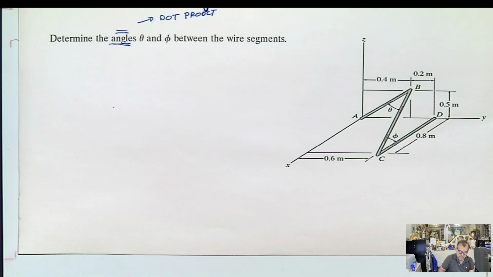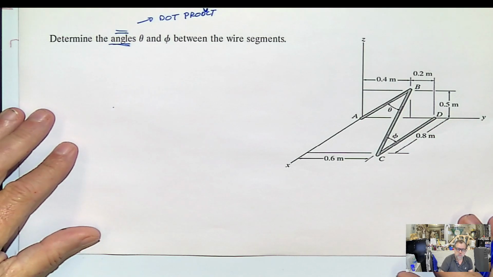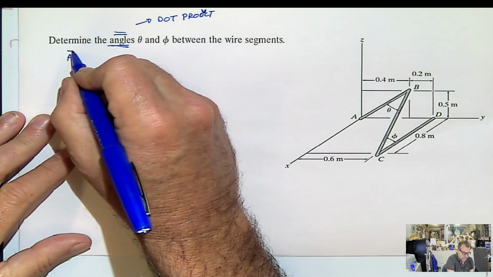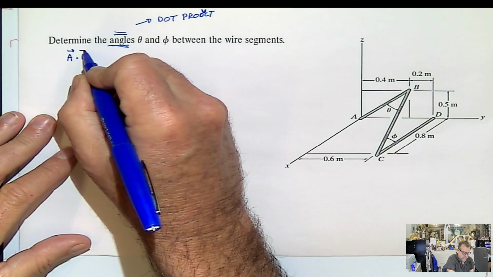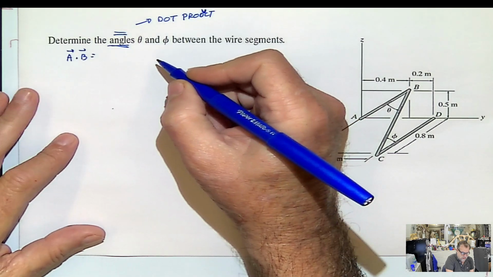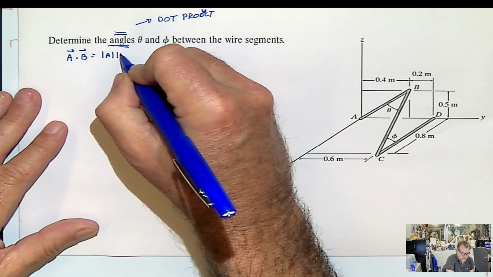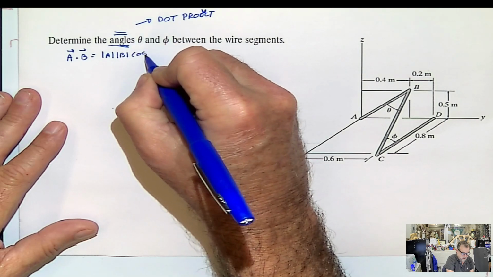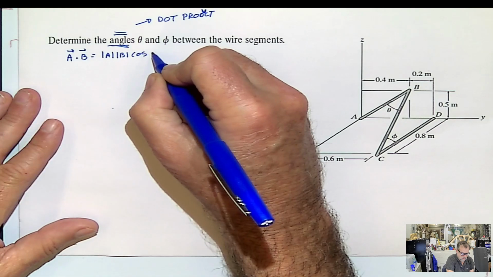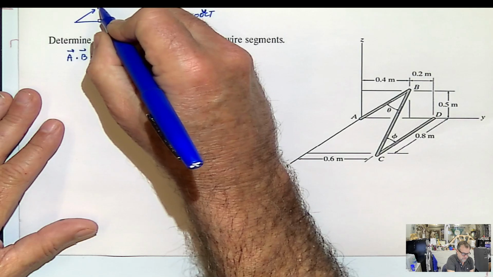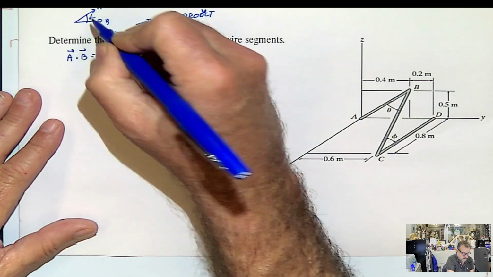I imagine that you already went through the definition of dot product, but there are two definitions. If you say vector A dot product vector B, this is the scalar approach: magnitude of A, magnitude of B, times cosine of the angle between the two. You have A and B, and this is the angle.